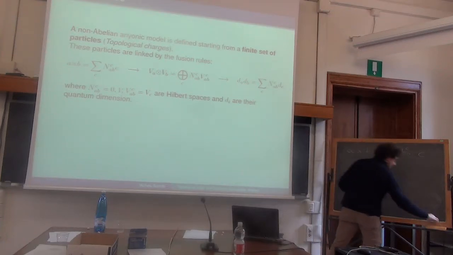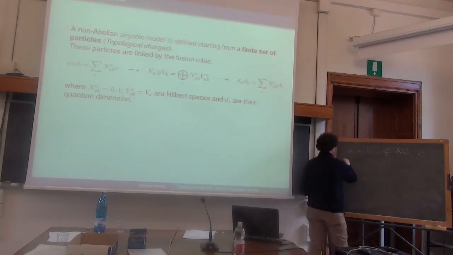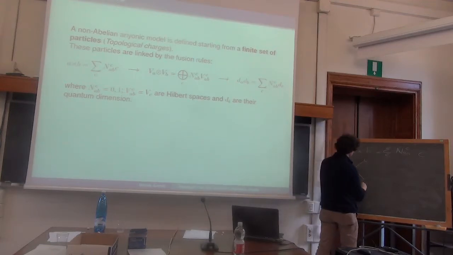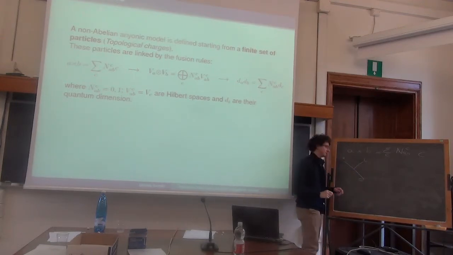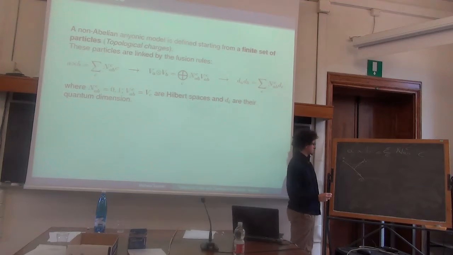So this fusion may be represented by saying that I have two charges, A and B, and the output charge is C. With this representation, I'm saying that I have an anyon entering here, or more in general, a topological charge A entering here, a topological charge B entering there, and they fuse together to give me a topological charge C. So C essentially labels the state of these two areas.